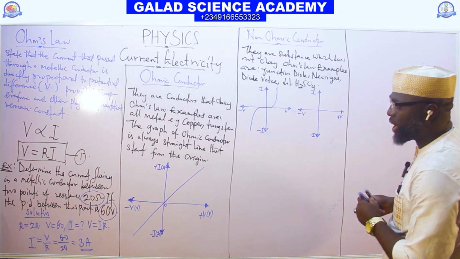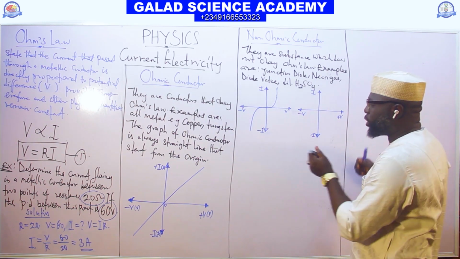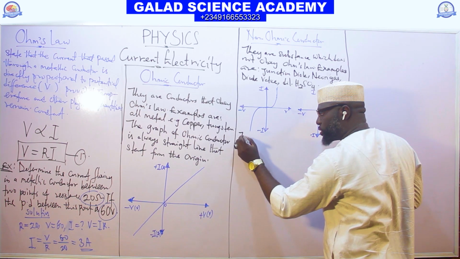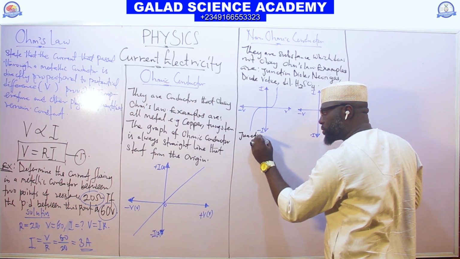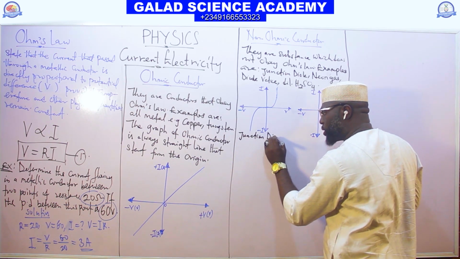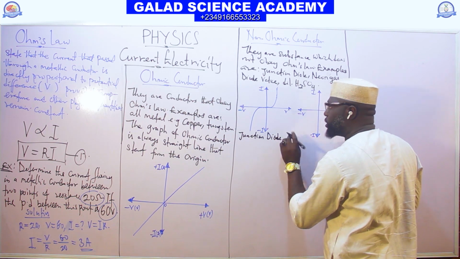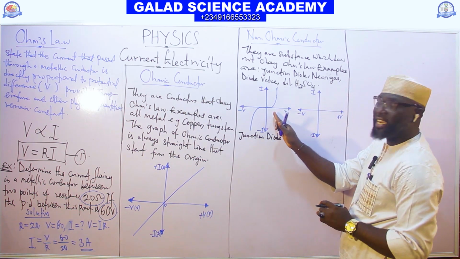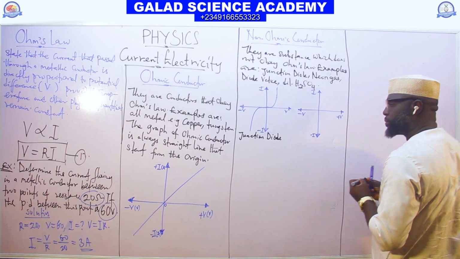This kind of graph is the graph of a junction diode. So this curve is the graph of a non-ohmic conductor.